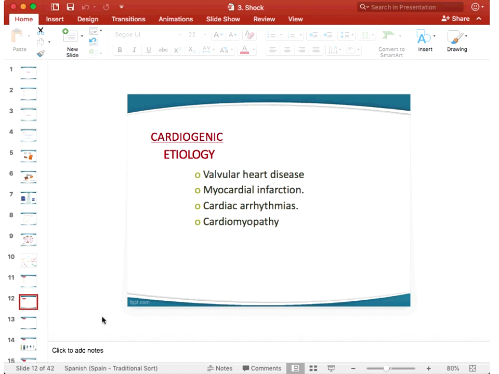The cardiogenic has to be an intrinsic problem of the heart, either a myocardial infarction or arrhythmia or cardiomyopathy.